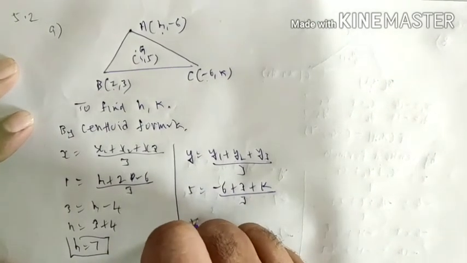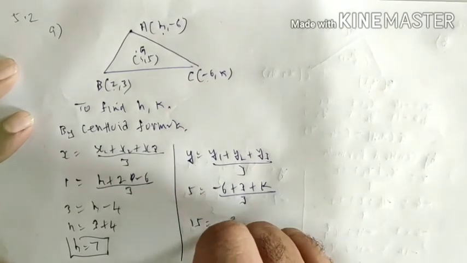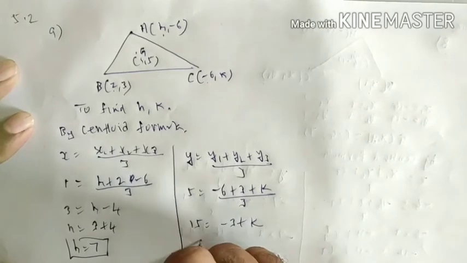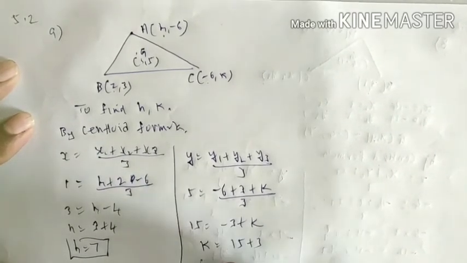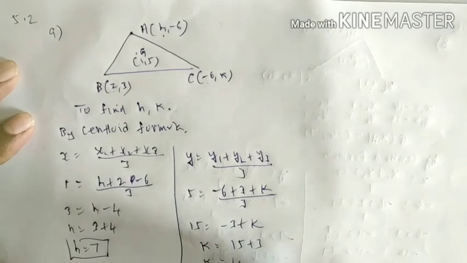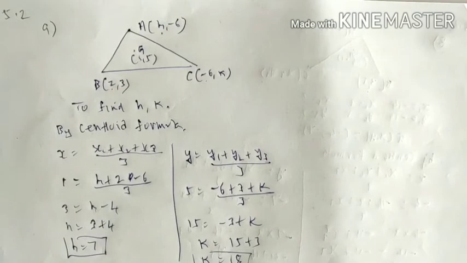It will become 15 is equal to -6 plus 3, means -3 plus k, or we get k is equal to 15 plus 3, or we get k is equal to 18. In this way we get the value of k. h is 7 and k is 18.